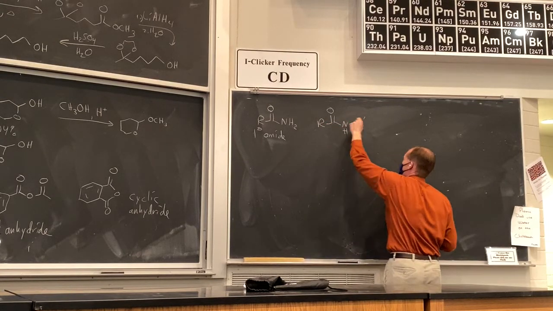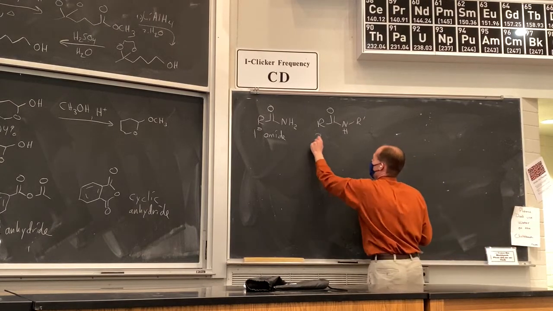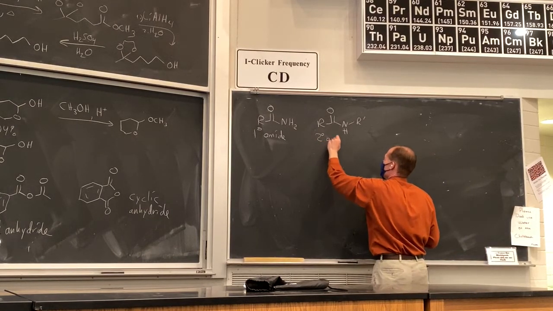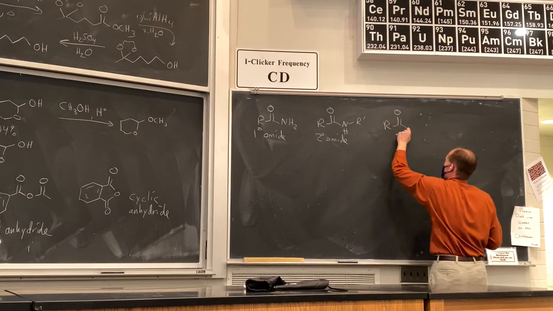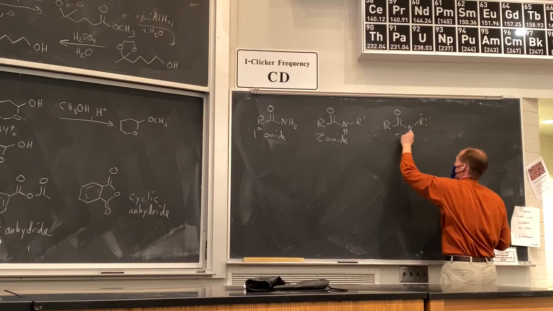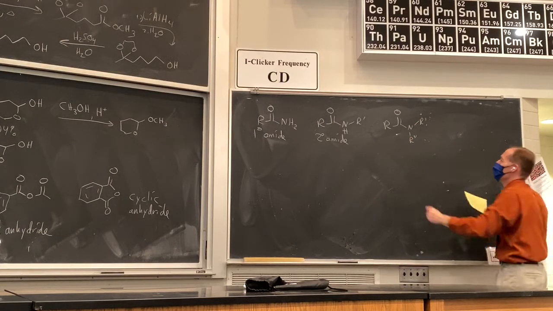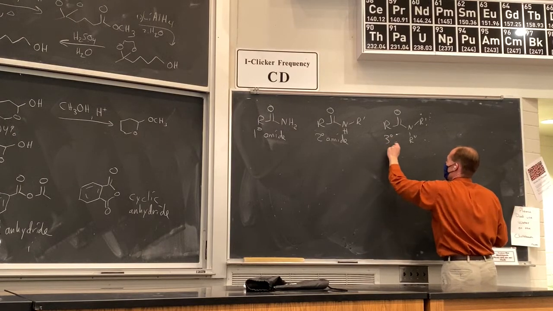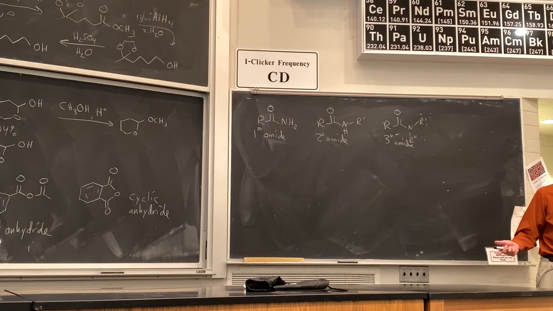If we attach an R group to that nitrogen, now we have a secondary amide. If we attach another R group, it can be the same or different. I've drawn it different, but it doesn't really matter. That is going to be a tertiary amide. Okay, any questions?